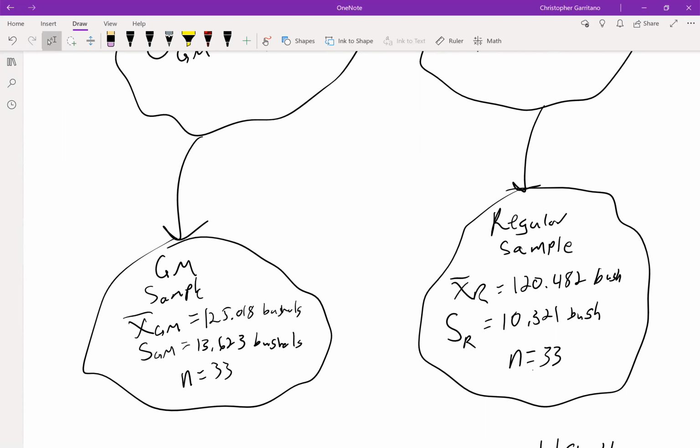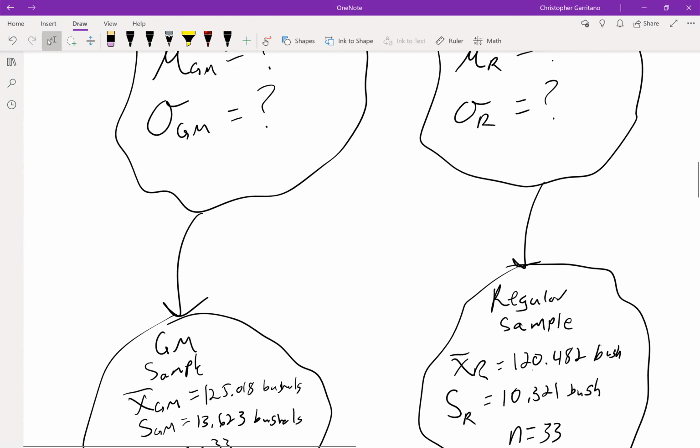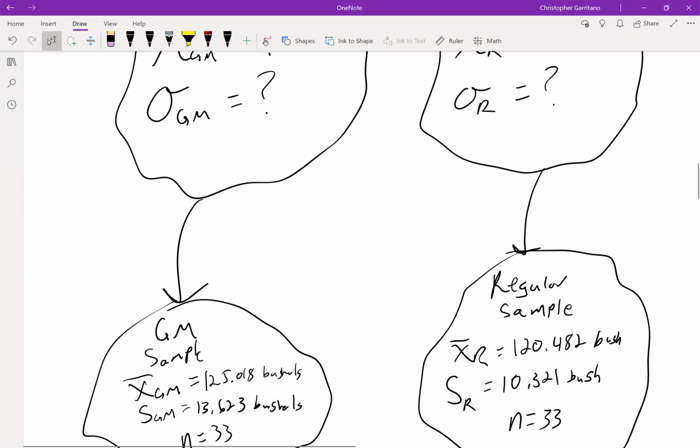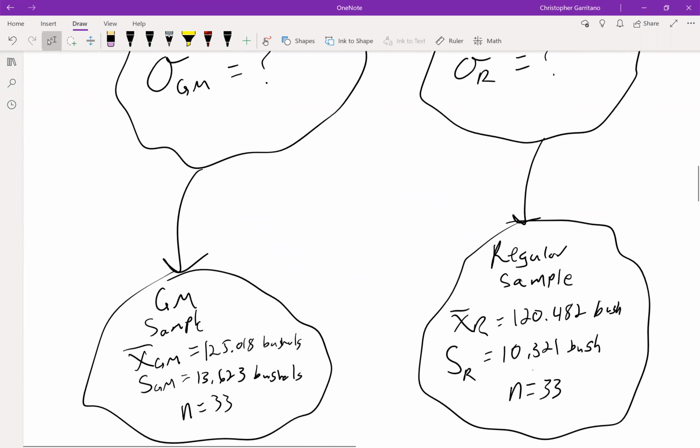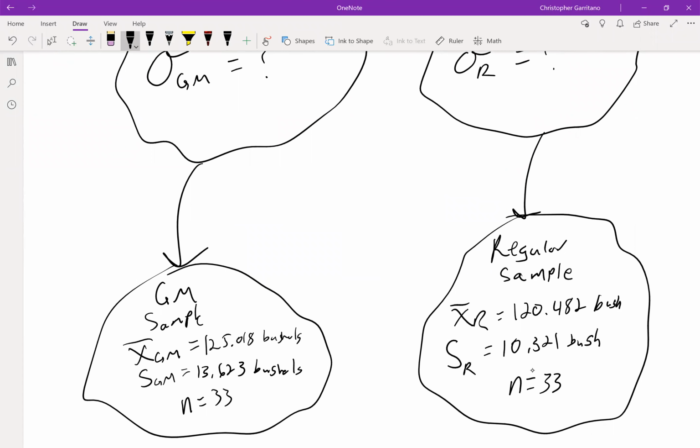for genetically modified and regular. In other words, we dove into this population of genetically modified and we took out one sample of size 33 of genetically modified corn, and on average in that sample of 33 plots, there were on average 125.018 bushels per plot.